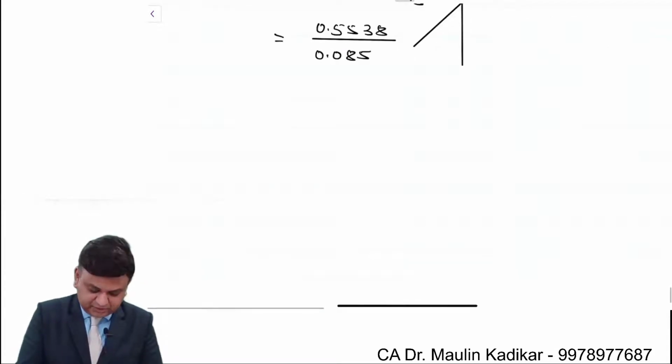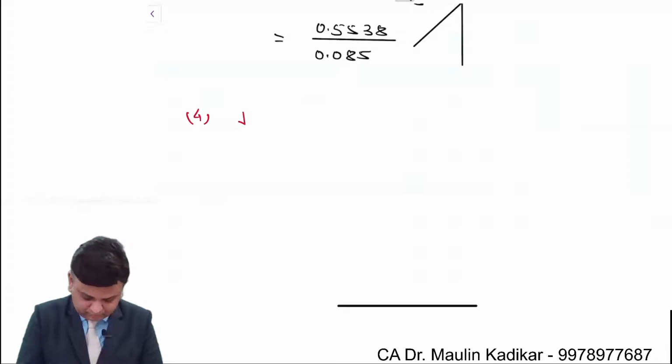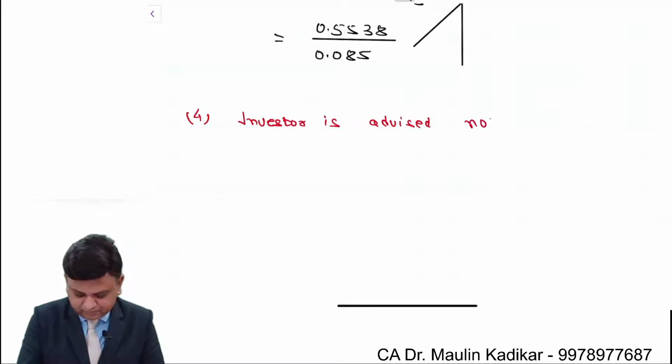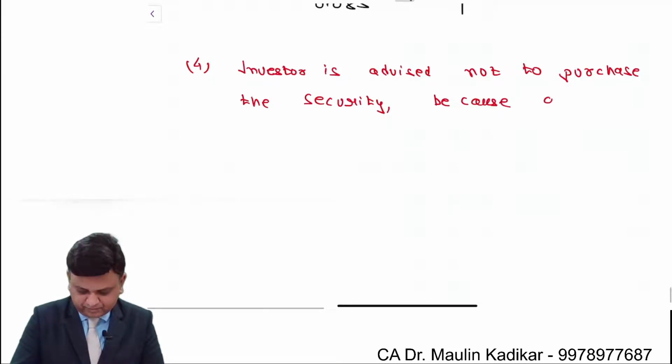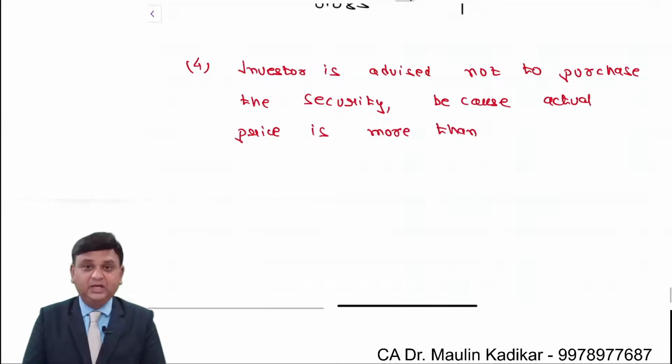Let us answer the fourth question. Investor is advised not to purchase the security, because actual price is more than equilibrium price.